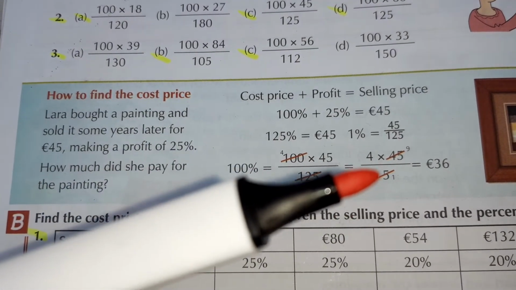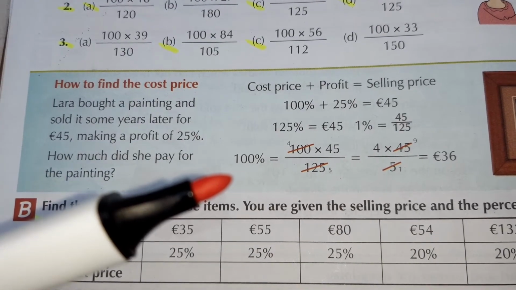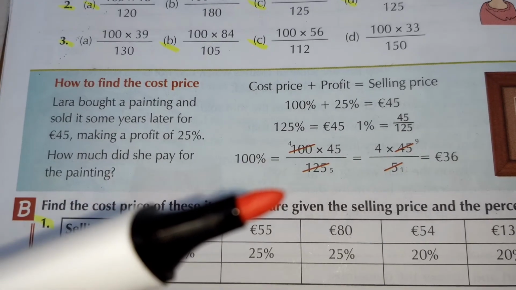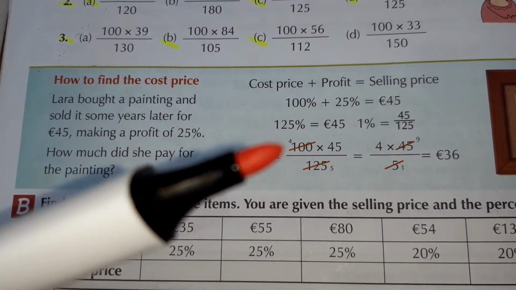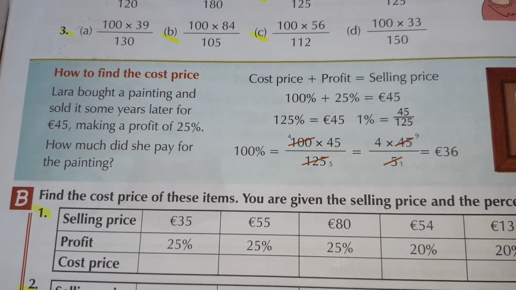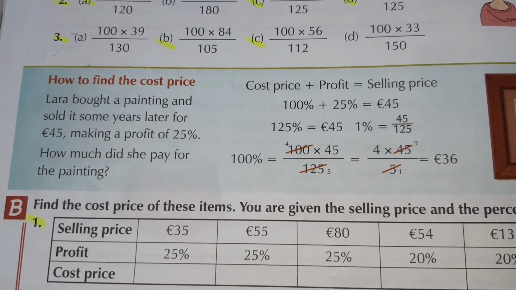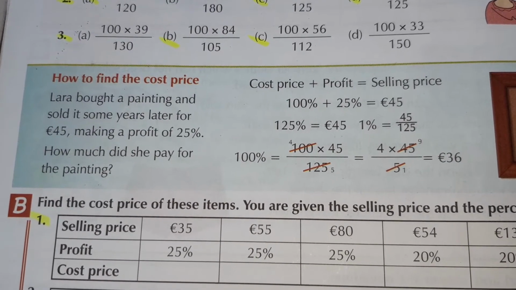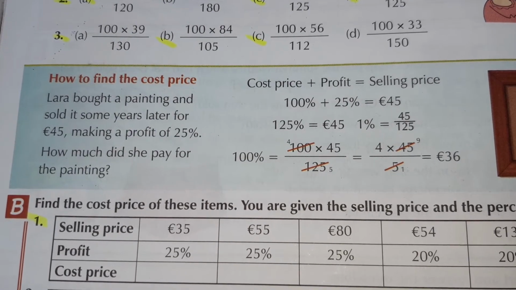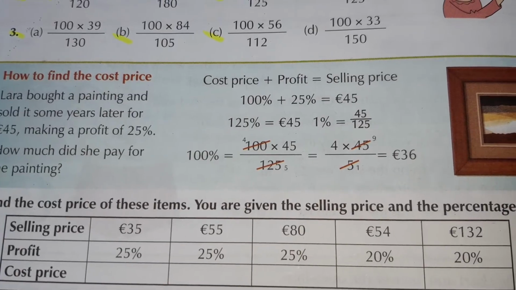Then you've got to find what the cost price was, so you're finding what 100% is. 125% is €45, so 100% is 100 times 45, the price she sold it at, divided by 125, which was the full amount, the cost price plus the profit. So 100 times 45 divided by 125, and you can cross divide that to simplify it and you would get 36.